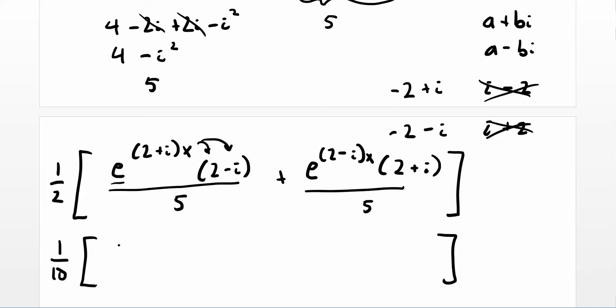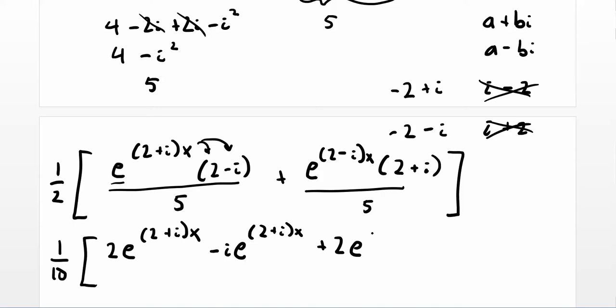So I will get 2e to the (2 plus i)x. I need some more room here. Minus i e to the (2 plus i)x, plus 2e to the (2 minus i)x, plus i e to the (2 minus i)x.